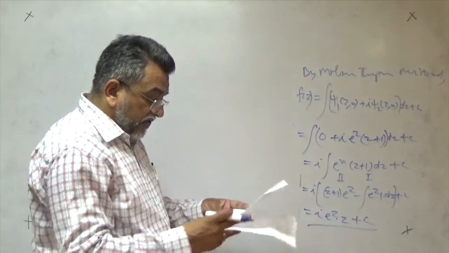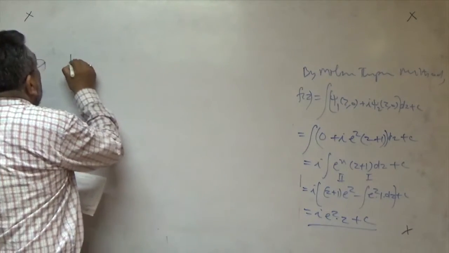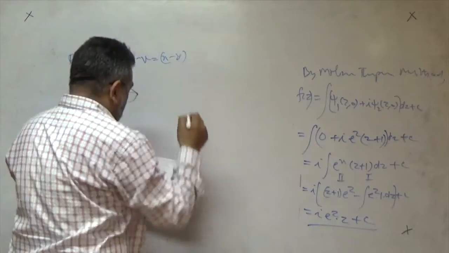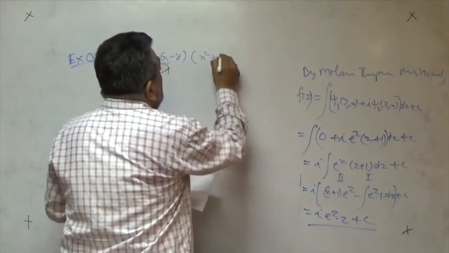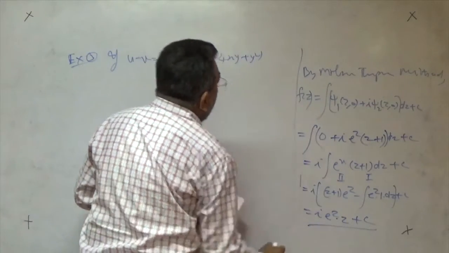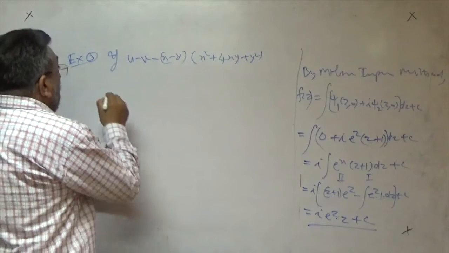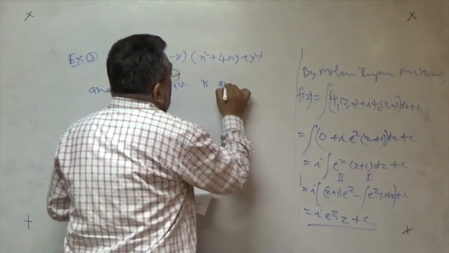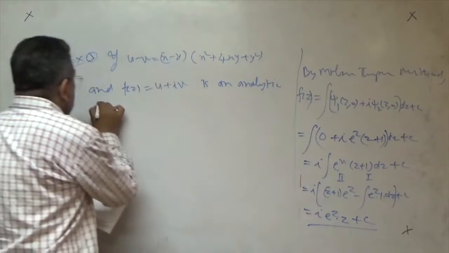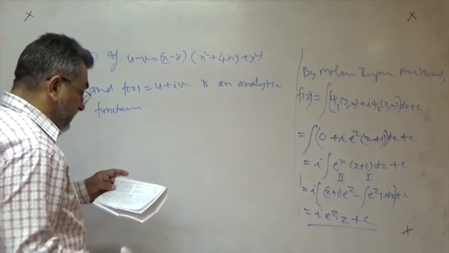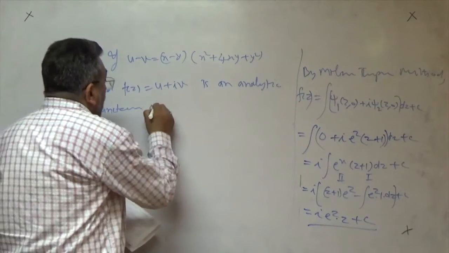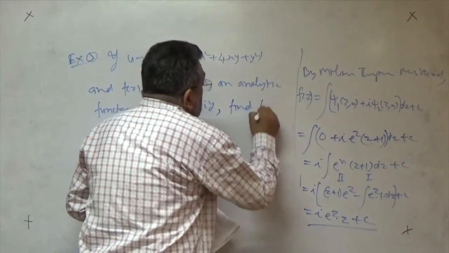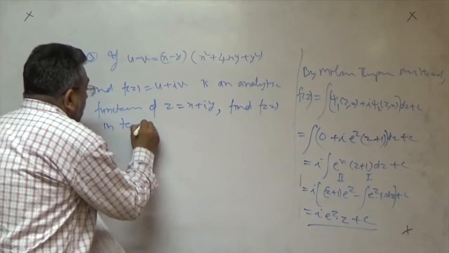So I am taking here their difference, that is the third example: if u minus v equal to (x minus y) times (x square plus 4xy plus y square), and f(z) equal to u plus iv is an analytic function of z equal to x plus iy, then find f(z) in terms of z.